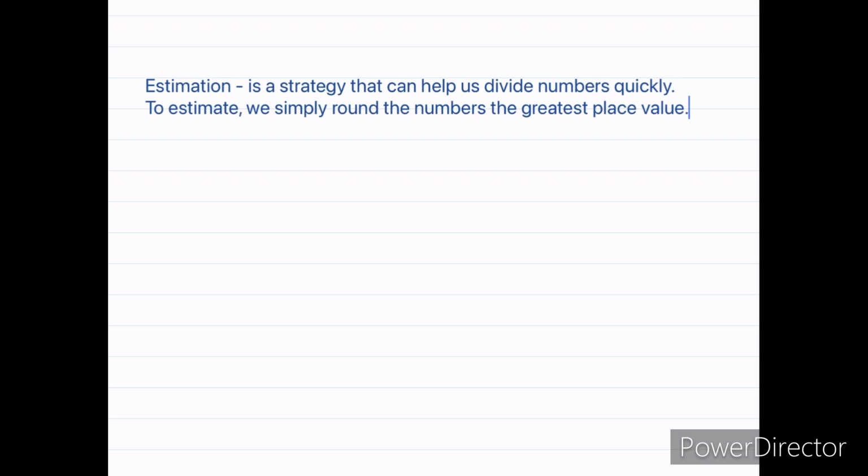For example, if we have 984 divided by 47, it's very difficult to divide mentally. You need to solve it using the long method.